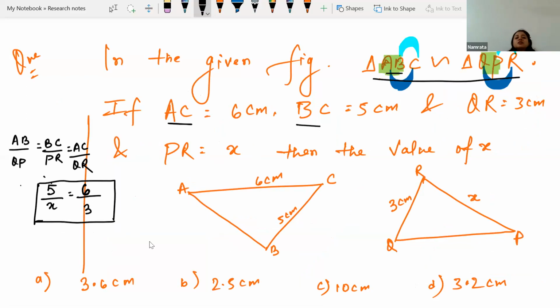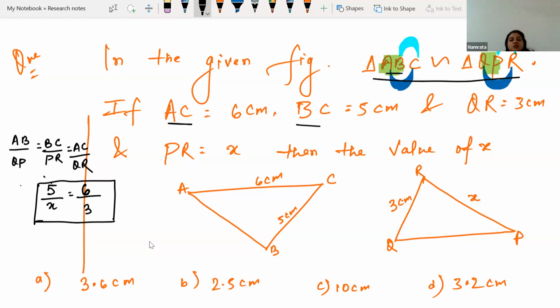Even if you are proving that two triangles are similar, you need to write the sequence of the name properly, so that whoever checks the copy will understand. If instead of QPR it was PQR, then the whole scenario would change. That's why we need to write the name properly.